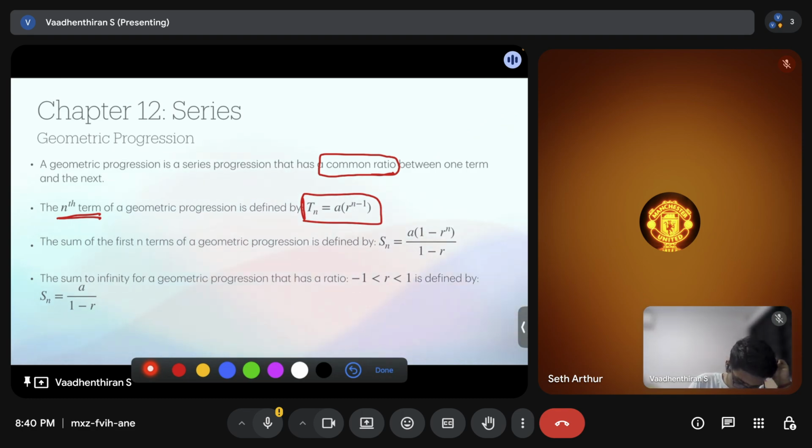Here n is the number of terms, same as previously. A would be the first term in the sequence, and r is the common ratio.